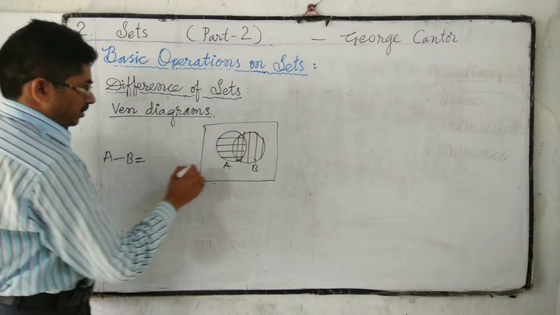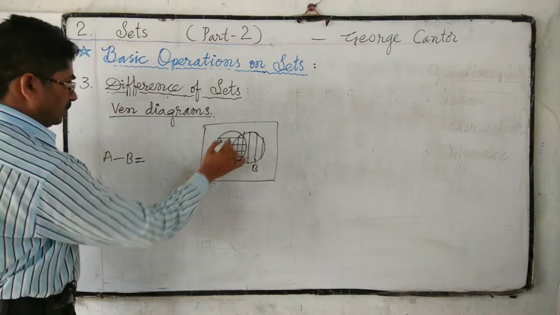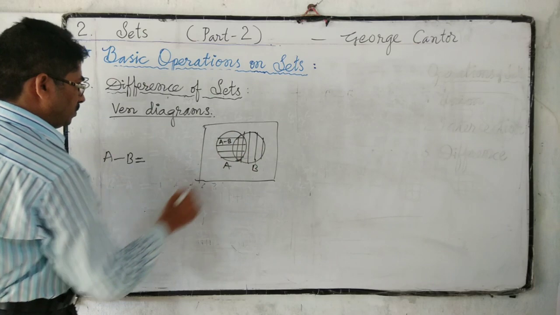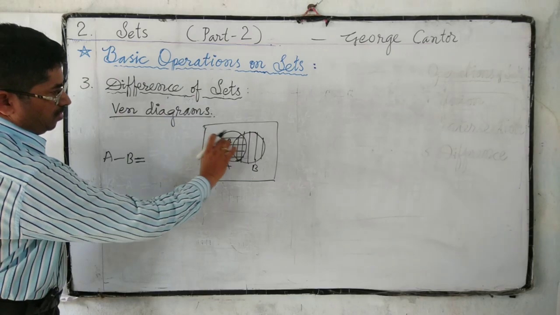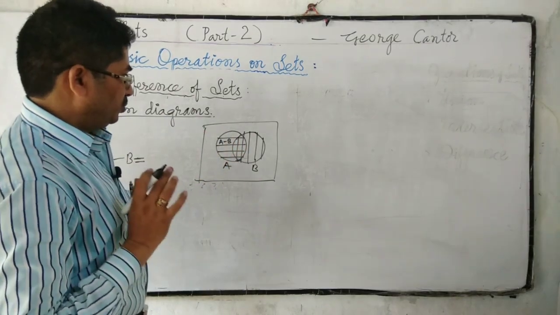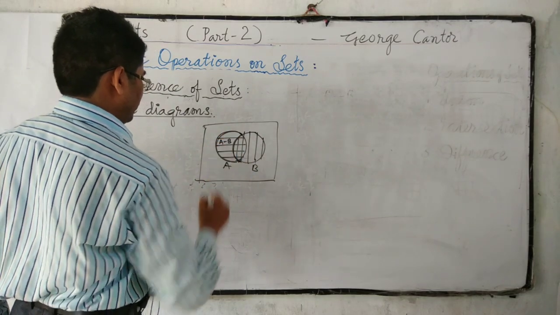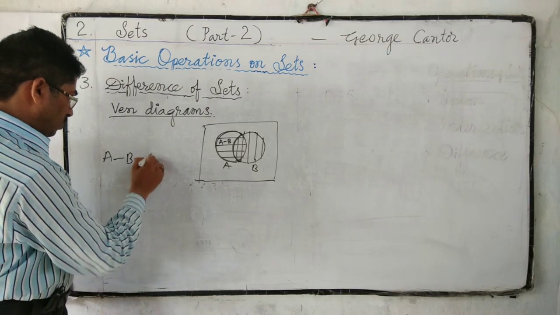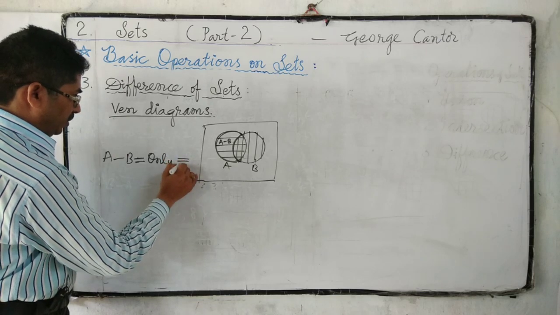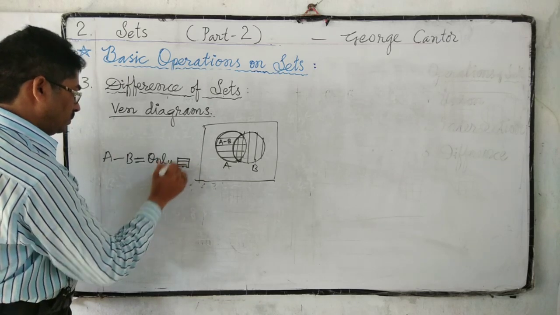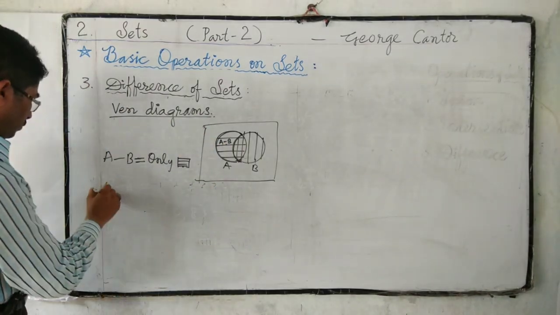So this is A minus B. Only the horizontally shaded portion is A minus B.